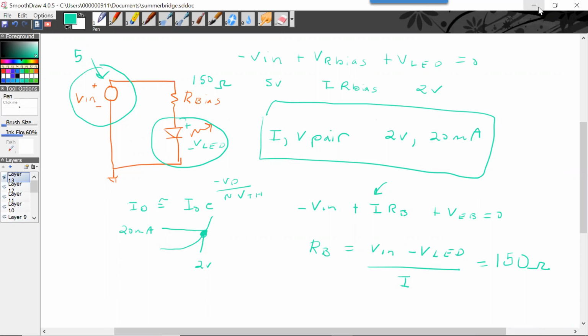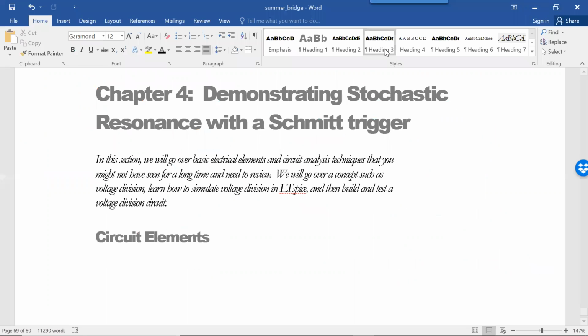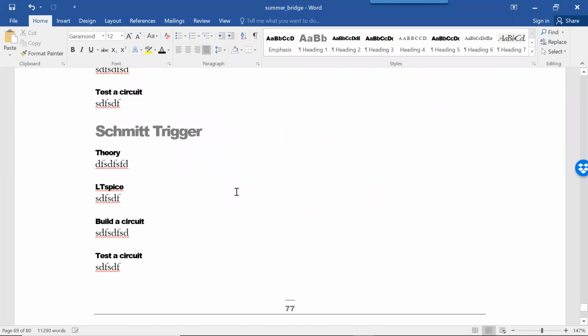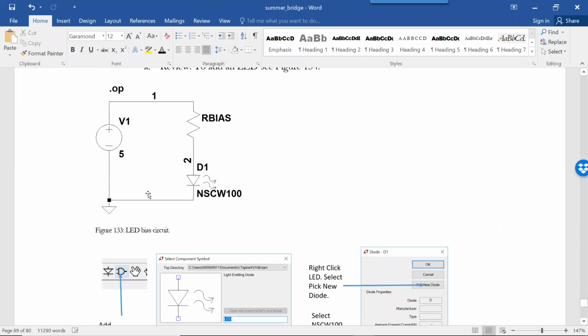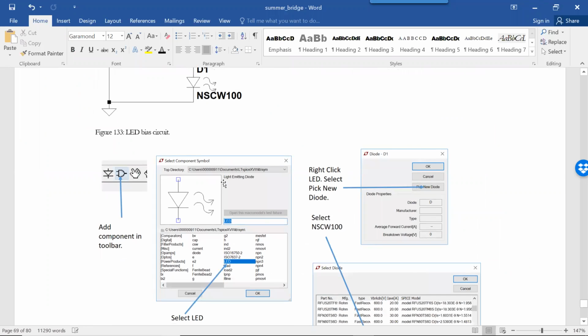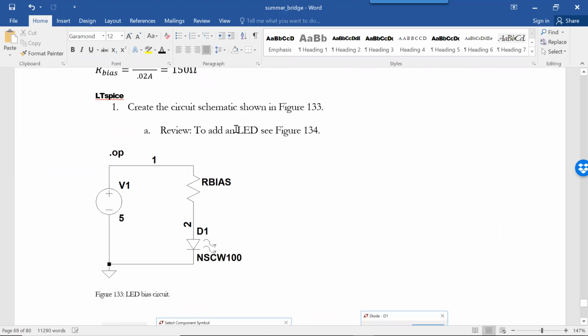All right. Now, what you're going to notice different about the lab manual today is I'm going to assume that you know things about LTSpice. So I'm not going to show you every mouse click, right? And as it goes farther and farther along, you'll kind of see, I'll say something like, build this circuit. Now, yeah, you might not know how to do that, so I'll have one thing, how to set that LED, right?